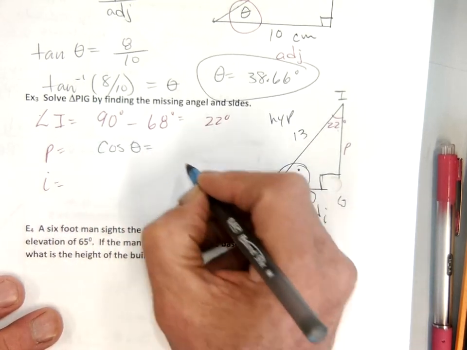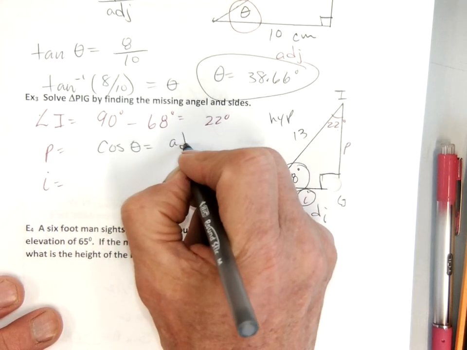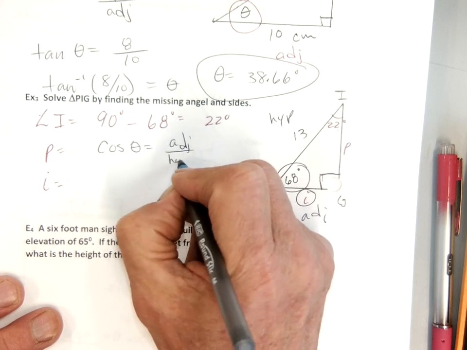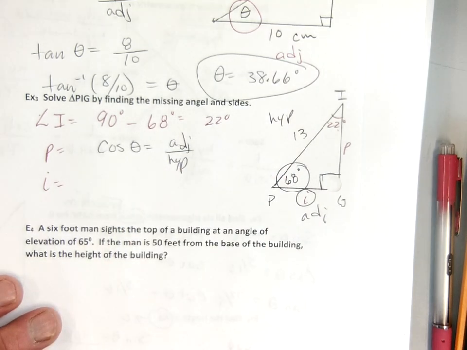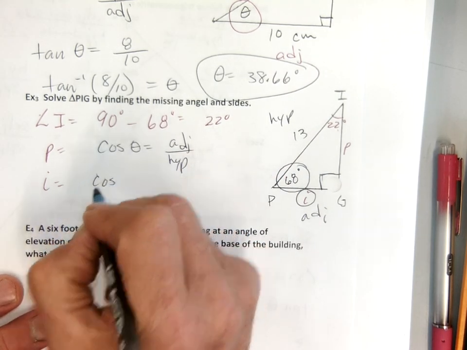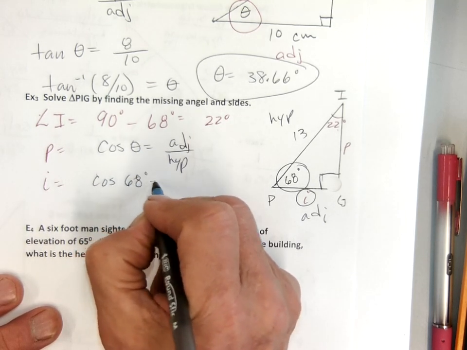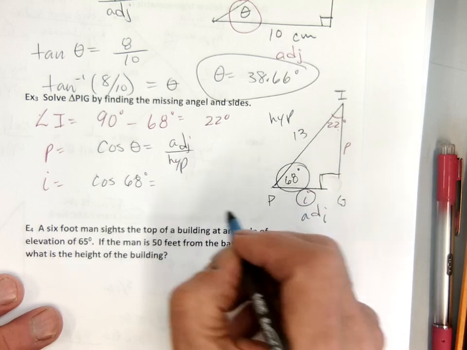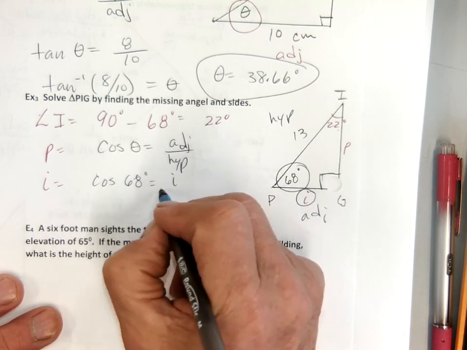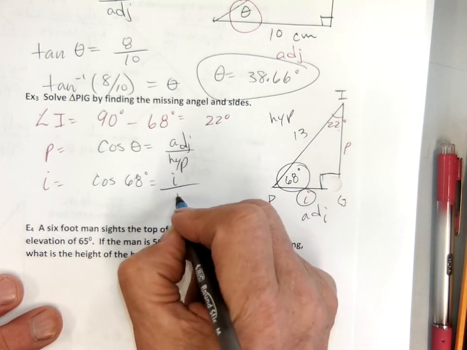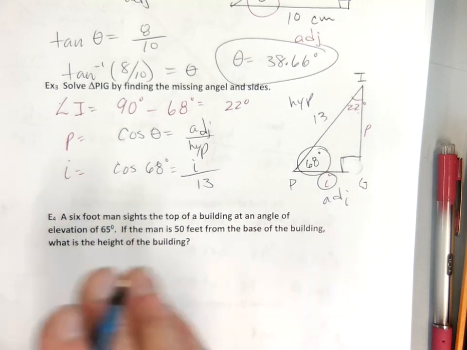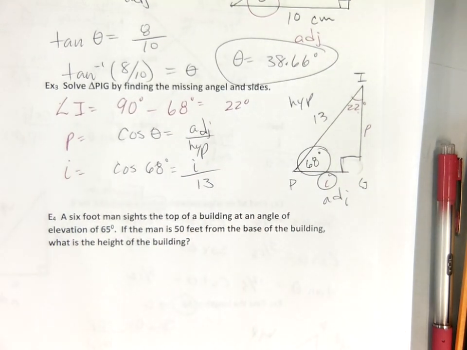Cosine of theta is equal to the adjacent over the hypotenuse, right? Or cosine of 68 degrees equals the adjacent, which is little i, over the hypotenuse, which is 13. Okay, and I'll slow down for a second, okay? How do you solve for i? It's really easy. Yes, Ellie?